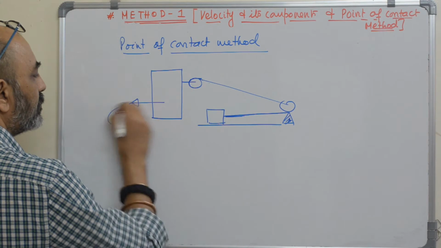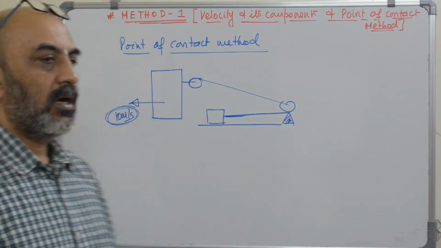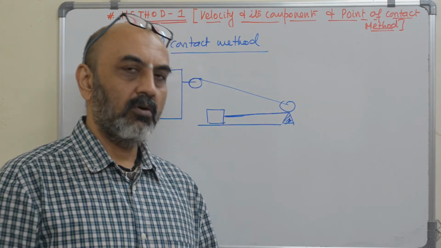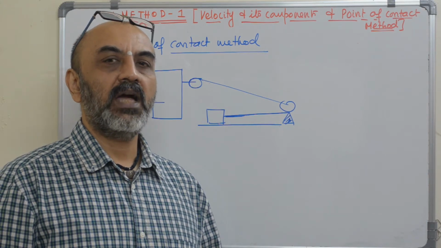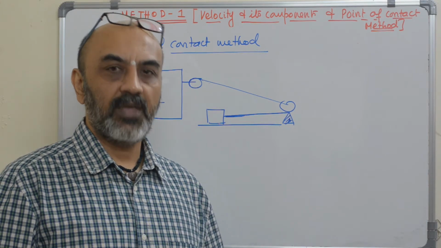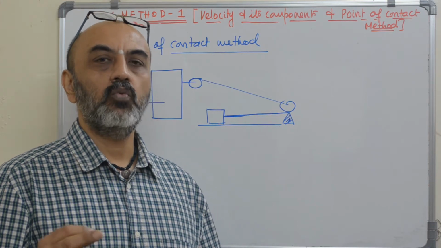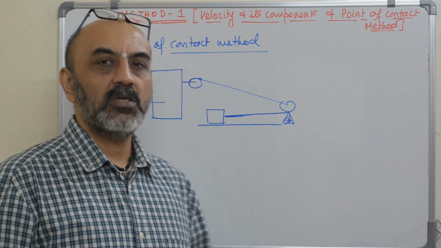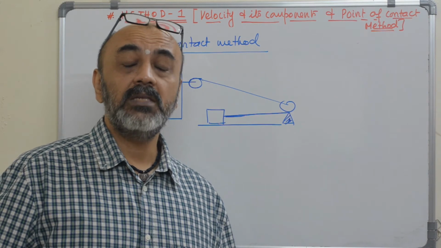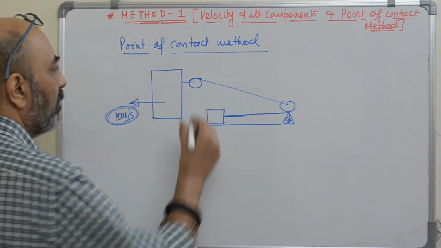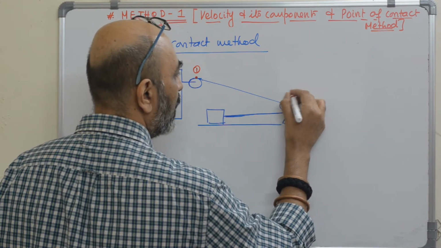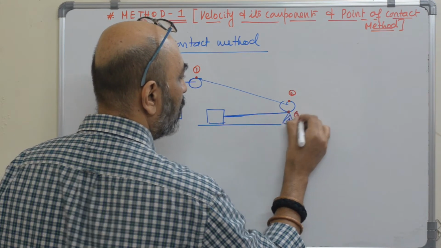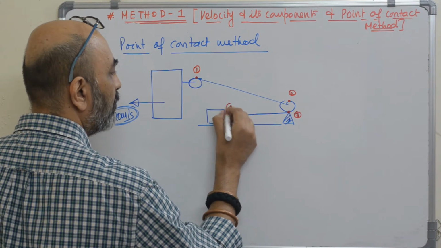So the logic is, you will have to first isolate what is the point of contact of the string. The string is touching which places, which points is it in contact. So we have one point of contact here, we have a second point of contact here, a third point of contact here, and a fourth point of contact here.